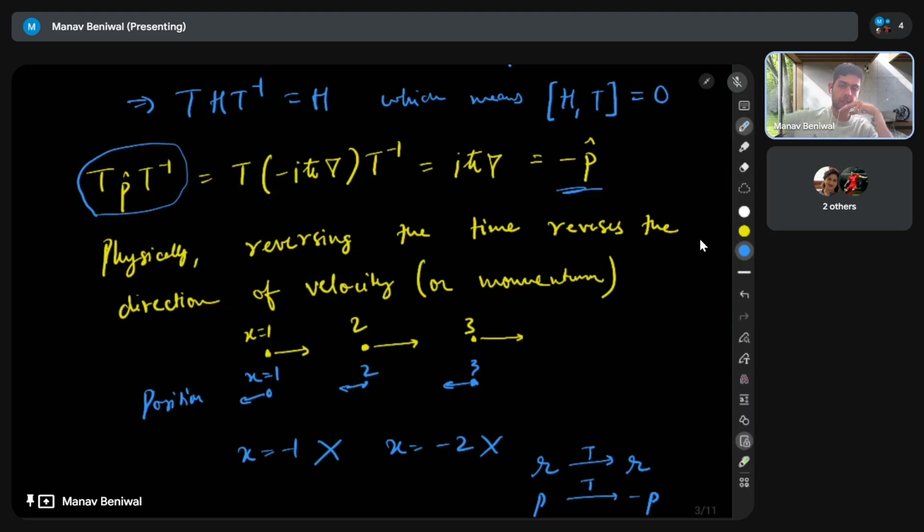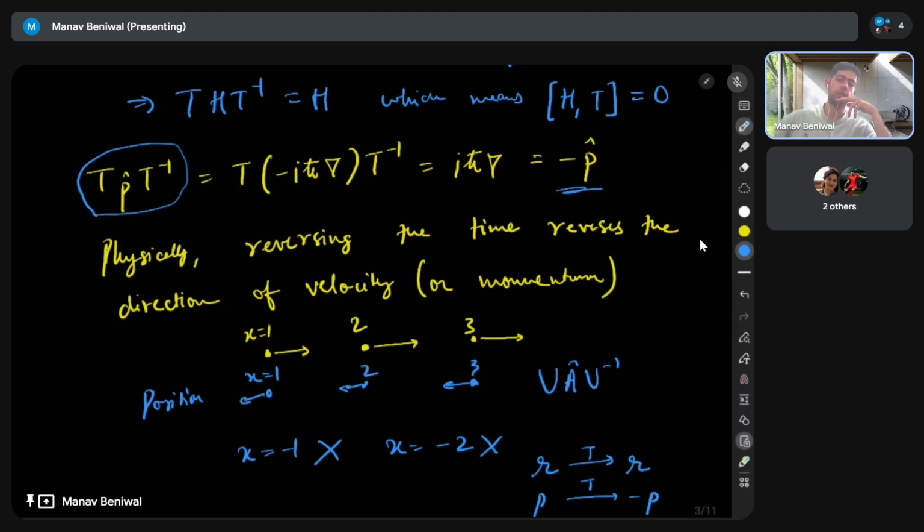Whenever we do U A U inverse, where A is any operator and U is a unitary operator, it tells us how this operator A will transform under this unitary transformation. Here, for example, this will not change the magnitude of P because it is a unitary operator. So operating it 2 times will give us 1. So it will not change the magnitude.